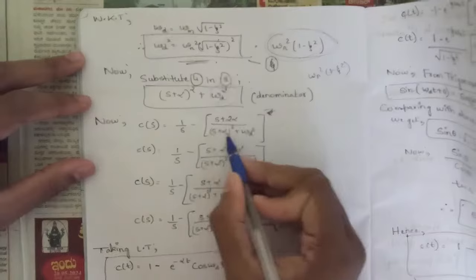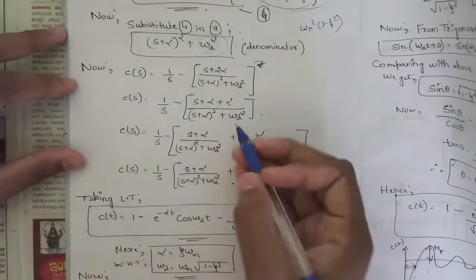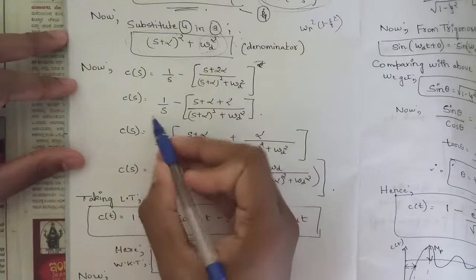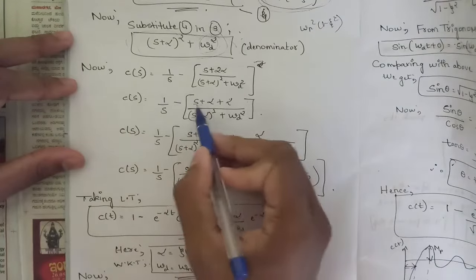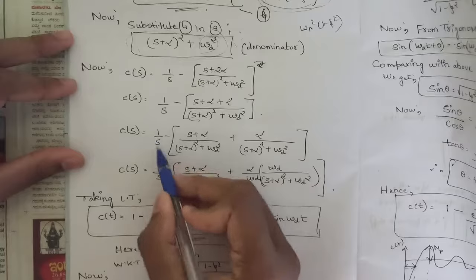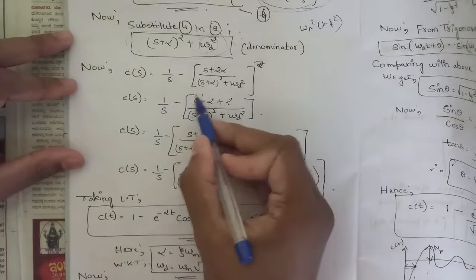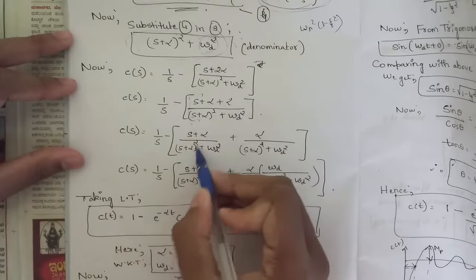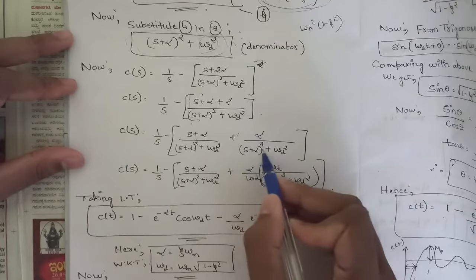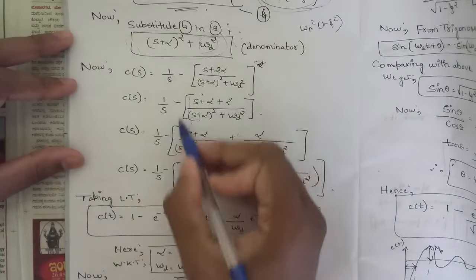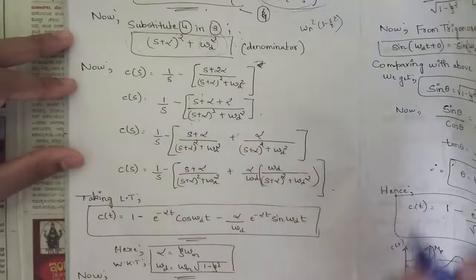Then split this 2 alpha as alpha plus alpha, so that is 1 by s minus of s plus alpha divided by s plus alpha the whole square plus omega d square. Then C of s is equal to 1 by s minus, s plus alpha divided by s plus alpha the whole square plus omega d square plus alpha divided by s plus alpha the whole square plus omega d square. I have just split the numerator and written the terms.